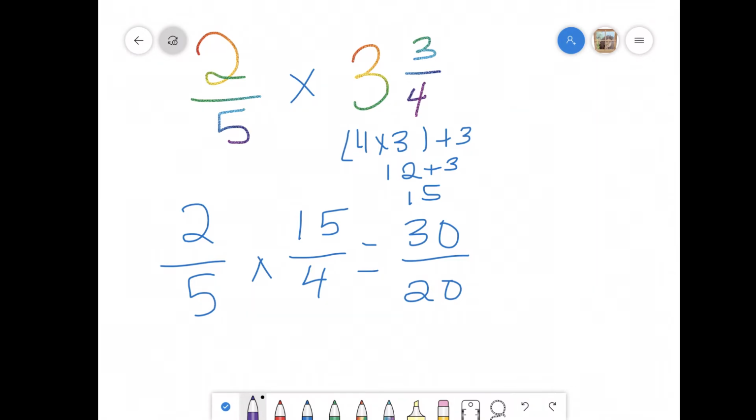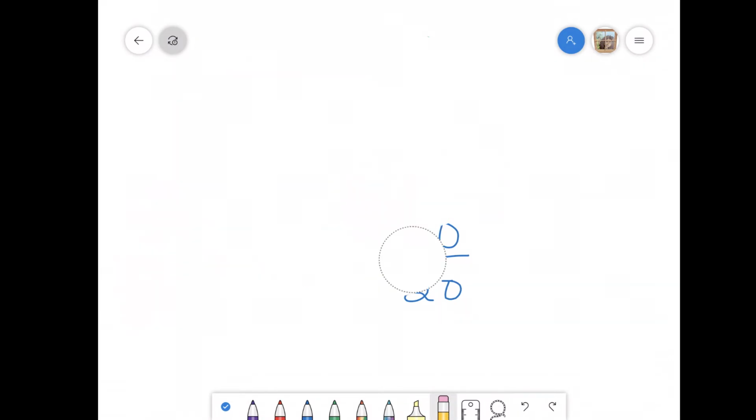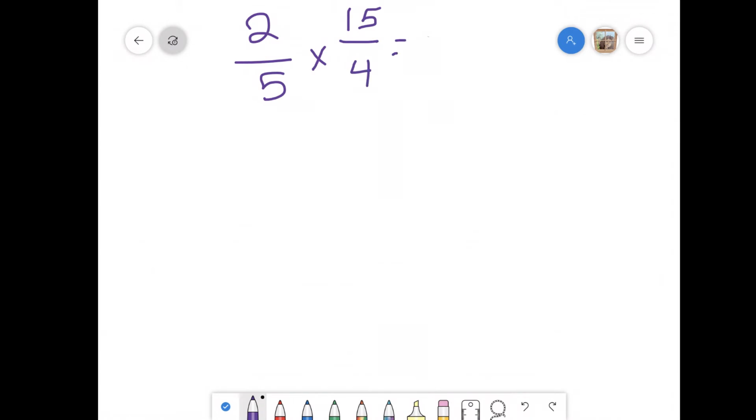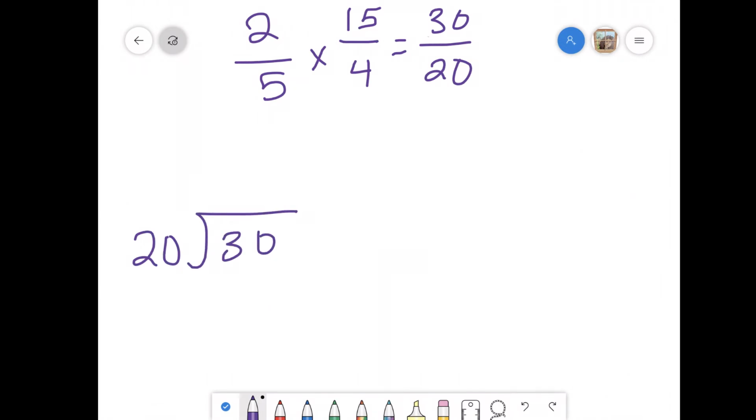Change it back into a mixed number. And how are we going to do that? By dividing. So let me go ahead and erase this. Remember that's 2/5 times 15/4, which equals 30/20. So now I'm going to go ahead and do 30 divided by 20. 20 can go into 30 once. 20 times 1 is 20. 30 minus 20 is 10.